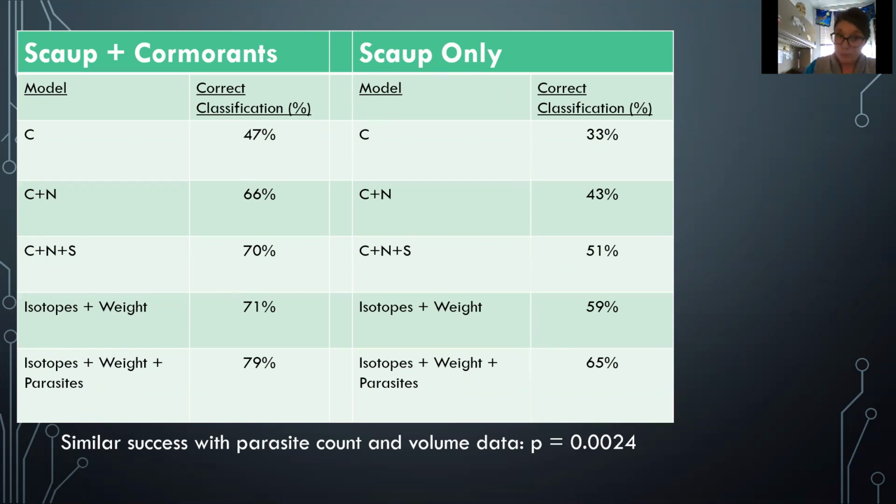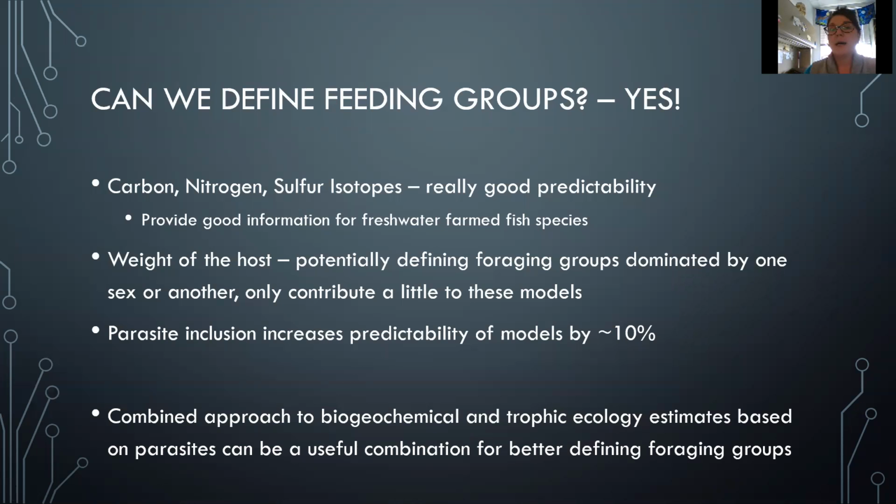So it seems that the isotopes themselves are definitely good at helping us to predict where particular birds are foraging. They provide good information in this instance where we're dealing with freshwater farmed fishes.